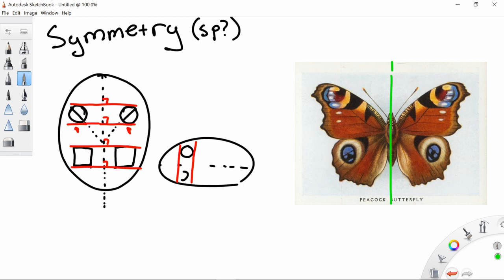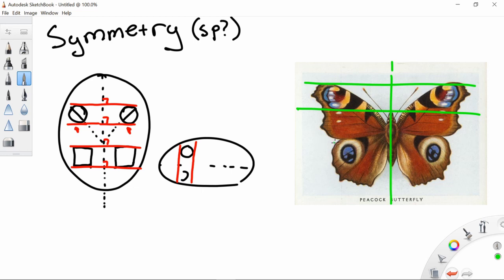And so again, you can make these evaluations. You can say here and here, ready, set, go. Okay, you're checking, and this isn't a perfectly symmetrical butterfly, but it's close enough.